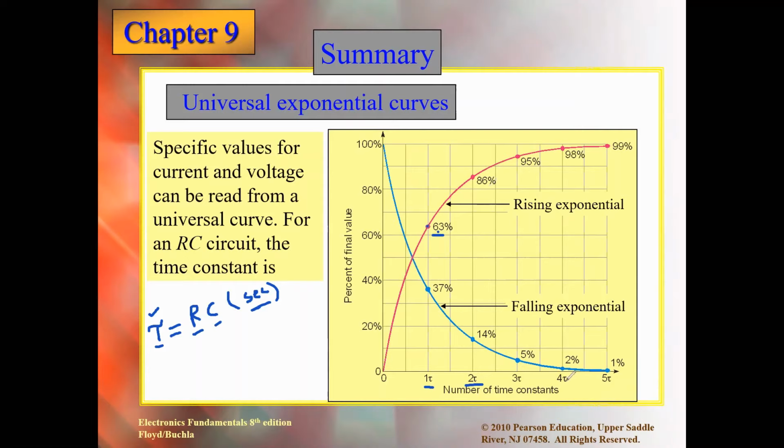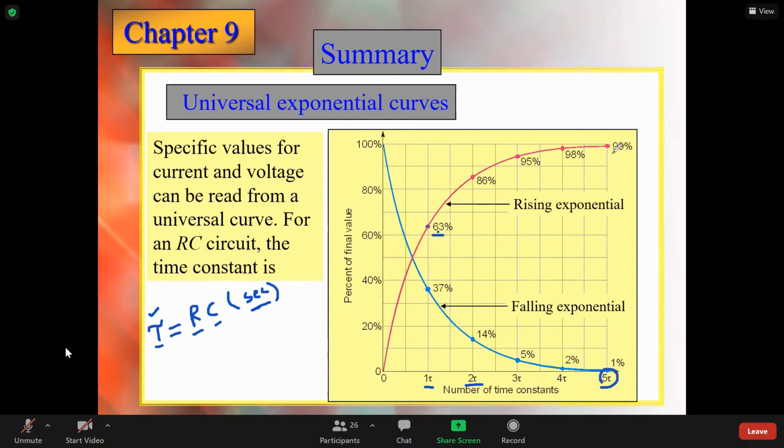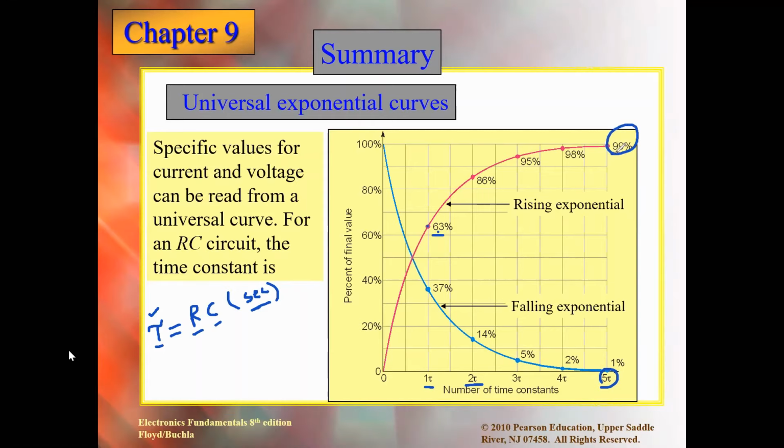Similarly 3, 4, 5, and at 5 time constants it reaches 99%. We say the capacitor is almost 100% charged at 5 time constants, because 99% is considered almost 100, or exactly 9.9 volts.